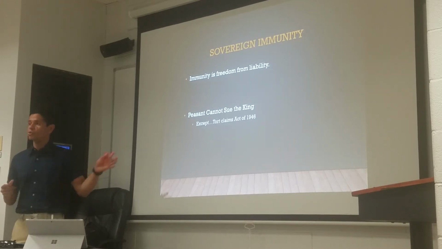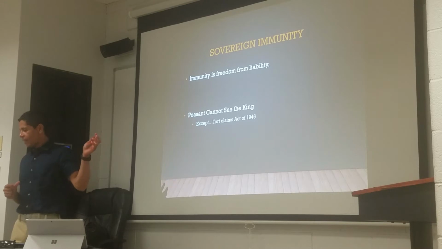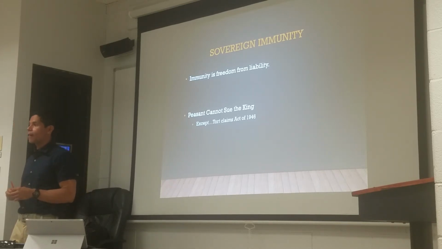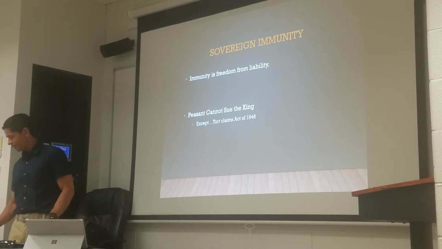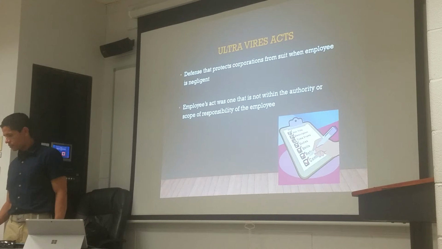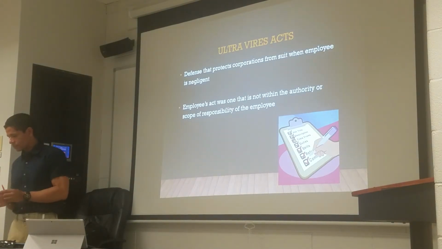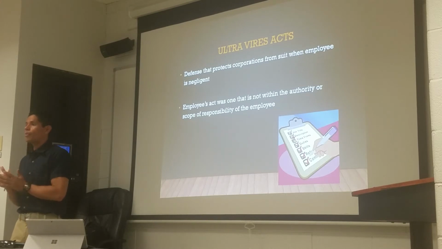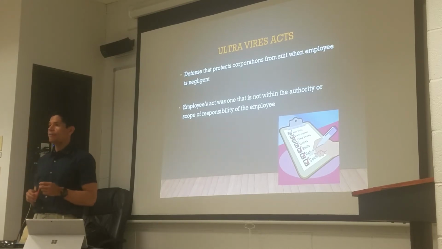There's an exception because we're talking about the government, but it doesn't really cover some of the offices or some of the people working in it, right? And then the third body of law in which a defense against negligence can be framed is the Ultra Vires Act.